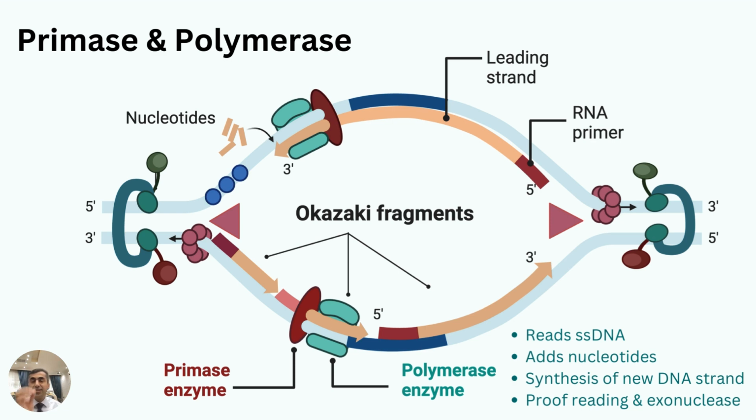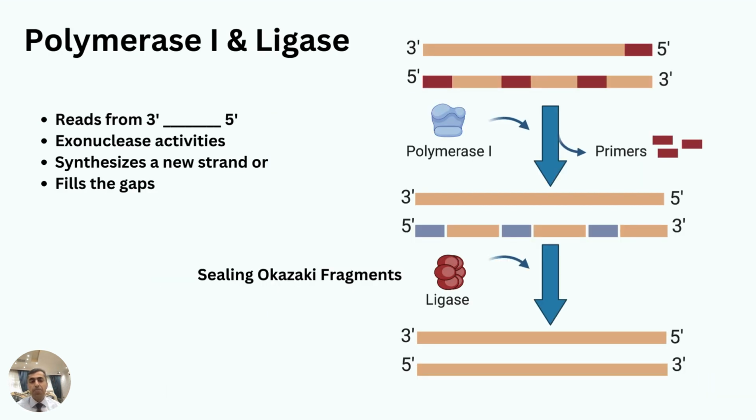The leading strand is the continuous one, whereas the discontinuous strand, which is formed from 5 to 3 prime, is made of Okazaki fragments, and is called the lagging strand.